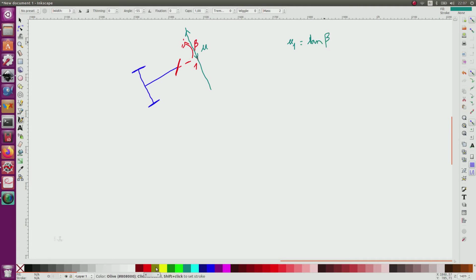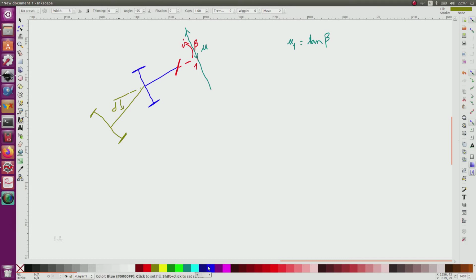Now we have another sledge with two ice skates here, and the angle here corresponds to delta.